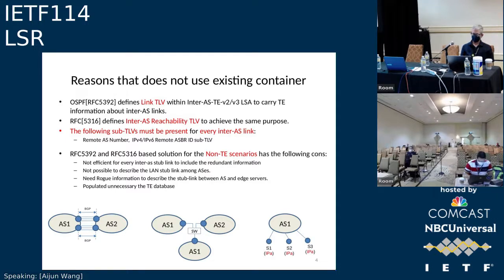And for the anycast server scenario, we need some regular information to describe the stub link between AS and the edge server, and also as pointed out by Keaton on the mailing list, such unnecessary information will be populated into the TE database. So we don't want to use the existing RFCs to solve the problems.